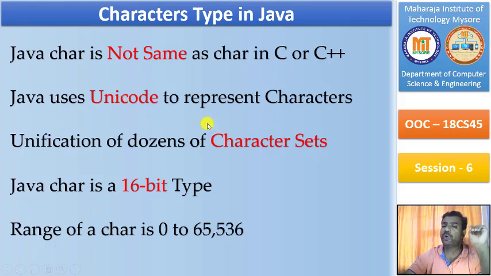Java is not going to use only ASCII values. It is going to use the ASCII values along with this, and it's going to extend the list of characters. It is going to include a few more codes, a few more characters from Latin, from Greek, or any other language universally used.